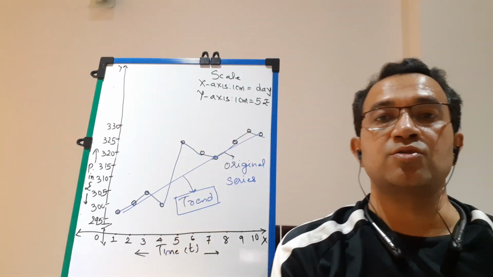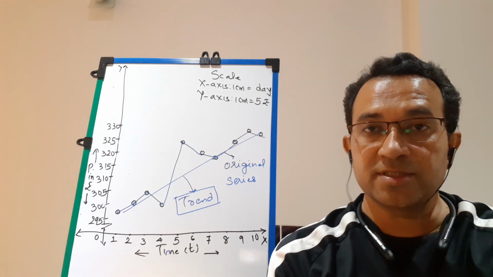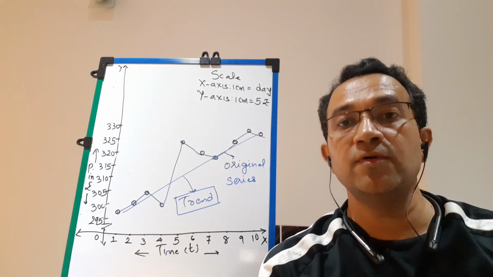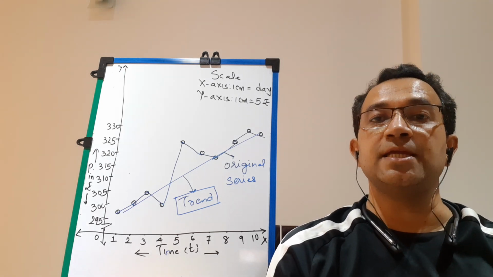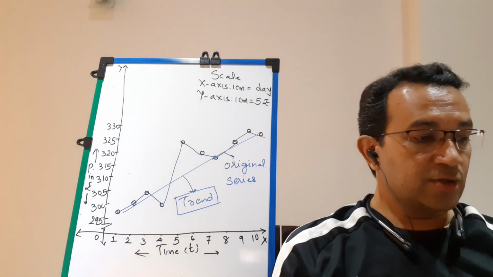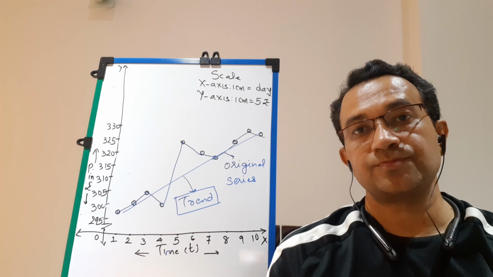In this sum also, students, as in the fourth sum, you have to write on the ruled side of the graph that the given values of time period T and the corresponding values of YT are as below. So here also, section D, I am doing the ninth sum.